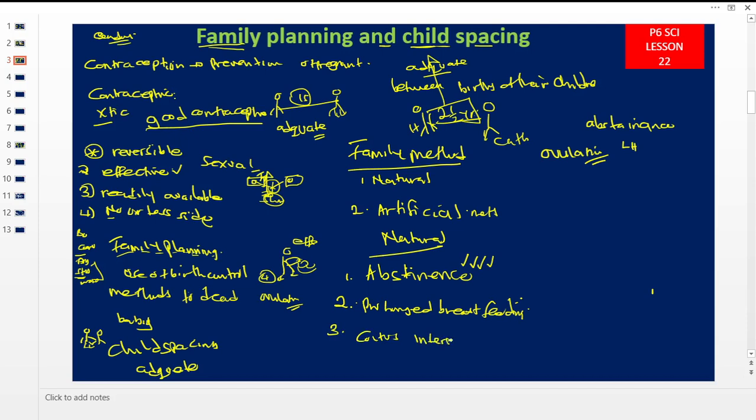If you don't call it coitus interruptus, this is what we call the withdrawal method. Withdrawal is when you are in and out, and when the sperms are coming, you remove the penis, and the sperms just pour outside. That is what we call coitus interruptus.